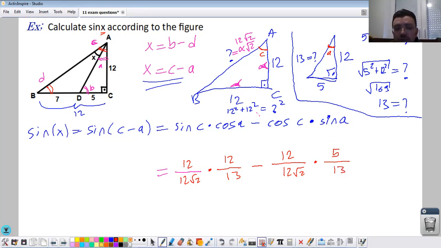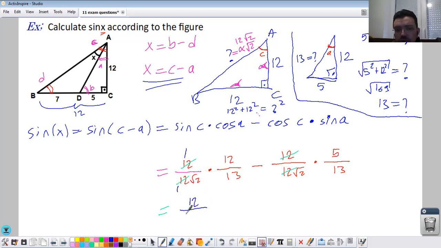So there are some friends of you who forget simplifying. Please check if there is anything that you can simplify, and please simplify while you can. Or you get really big numbers, then it's getting messy. So let's use a visible color. The first part turns into 1 and 1. 1 times 12 is 12.